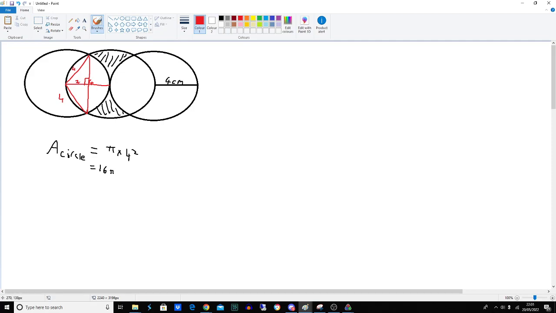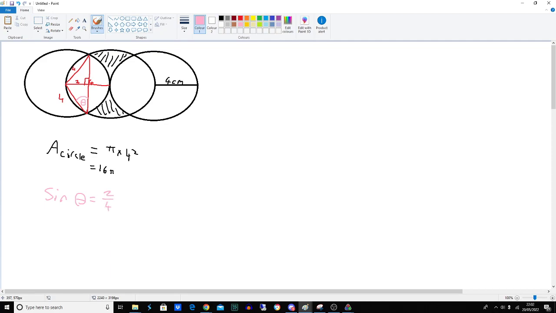Alright, so now we're going to work out the area of this triangle. But before we do that, we need to know what this angle theta is. I'll mark this in pink. This will be theta. So, sine theta is equal to 2 over 4.